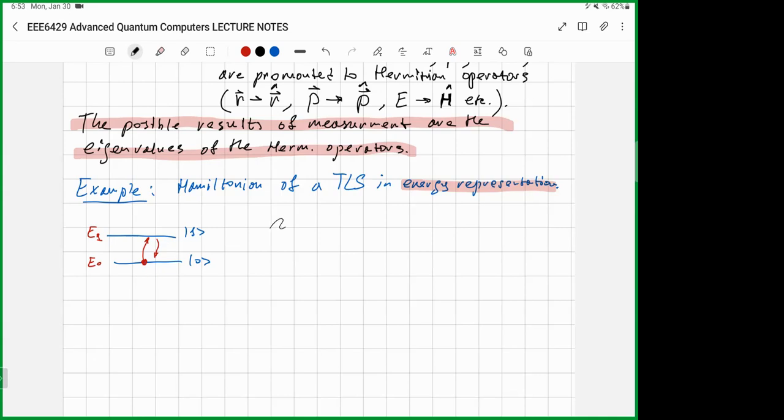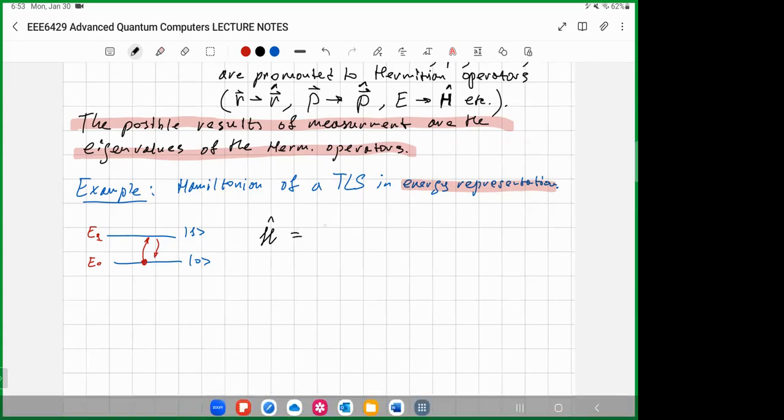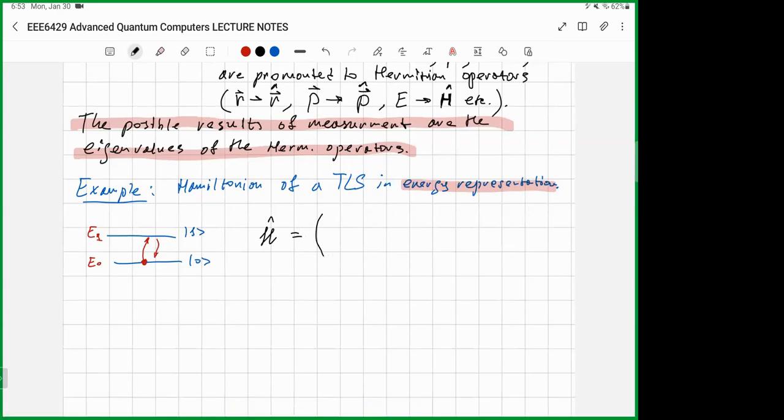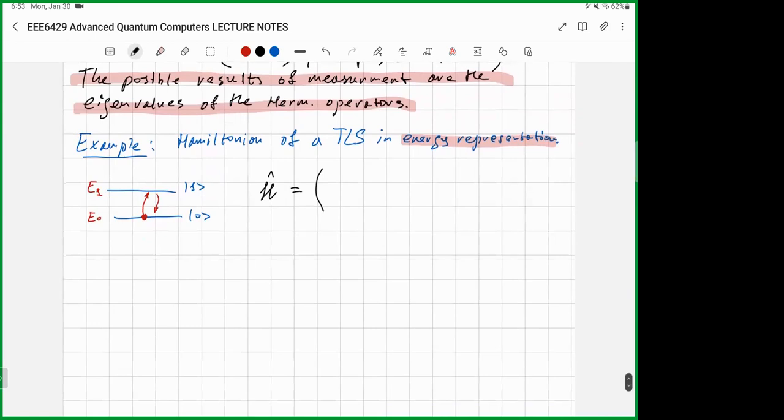So I can immediately write this Hamiltonian, usually denoted by H with a hat, as a 2 by 2 matrix. In the energy representation, this matrix must be diagonal.